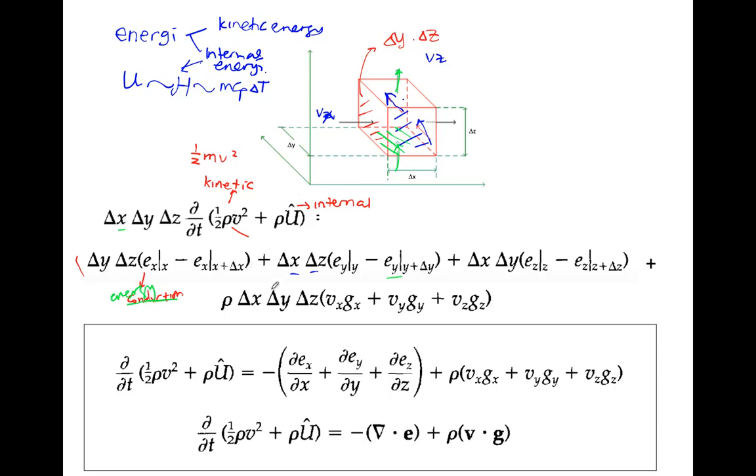Then we can divide both sides by delta x, delta y, delta z, and we come up with this differential equation, where all this accumulation equals the change in the energy because of conduction or convection and so on, plus the gravity if it is easy. So this is called the equation of energy.